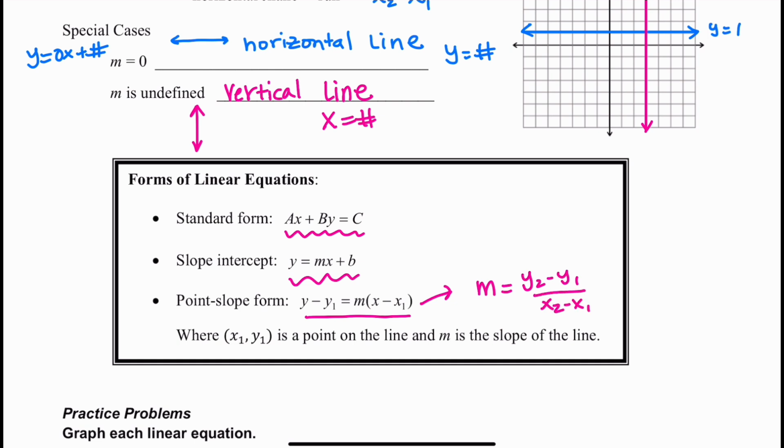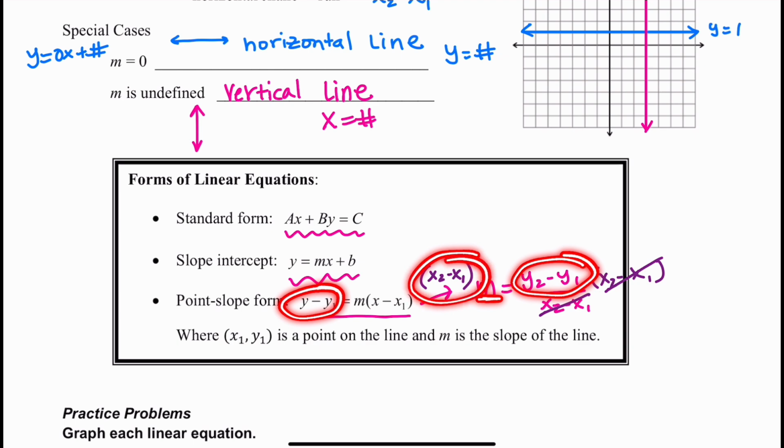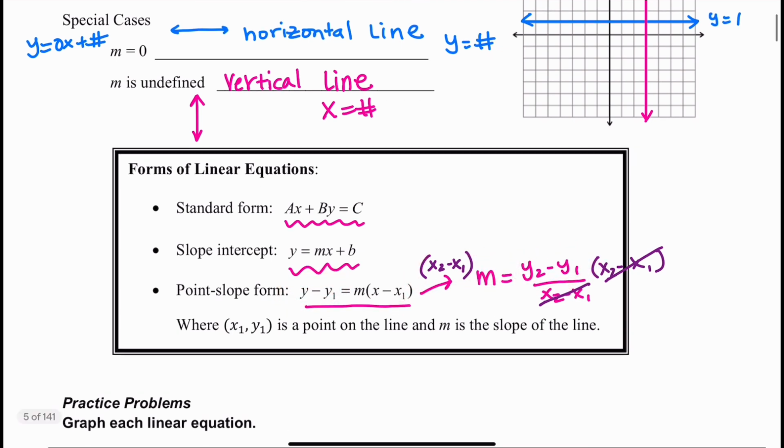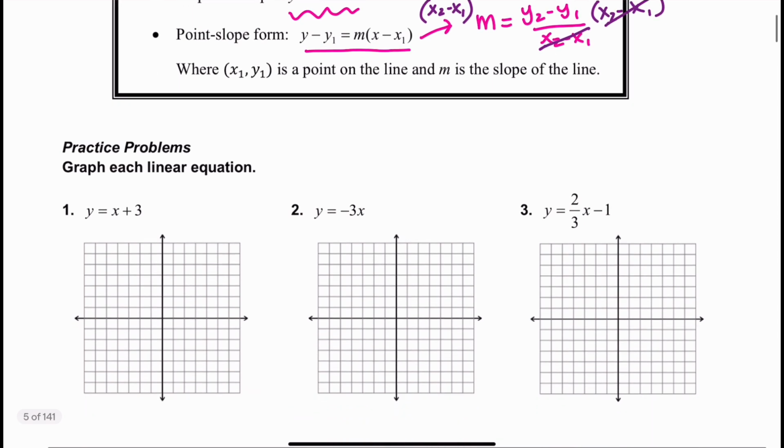If I multiply both sides by x2 minus x1, these cancel, and we'll have y2 minus y1 equals m times x minus x1, where x1, y1 is a point on the line and m is the slope of the line.